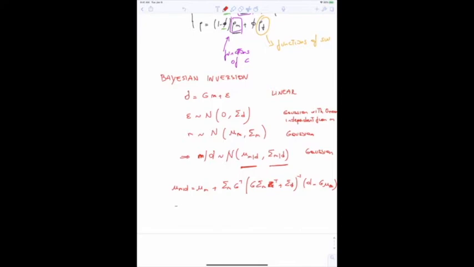And then sigma m given d is equal to sigma m minus sigma m times g transpose times the inverse of g sigma m g transpose plus sigma d, times g sigma m.